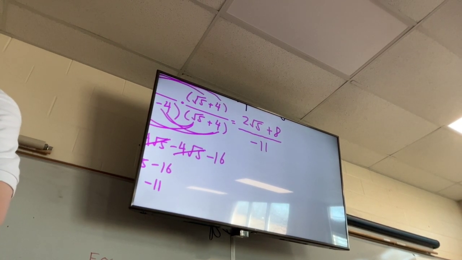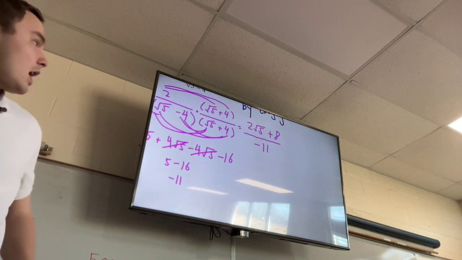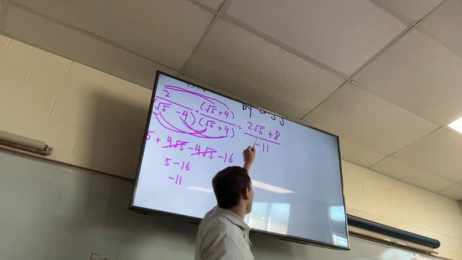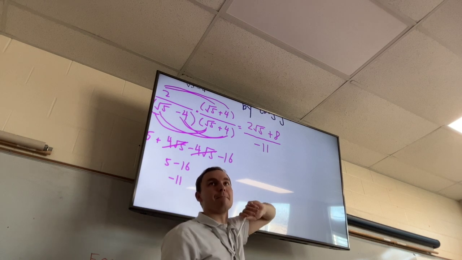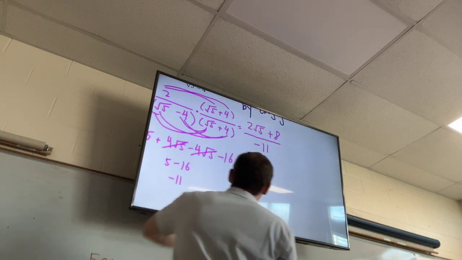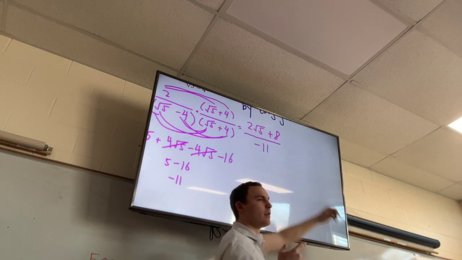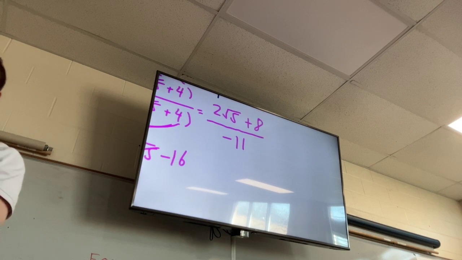Negative 11, okay? That's simplified. Can we pull anything out of my square roots? No. I will say, you need to make sure these three numbers don't have any common factors. That's kind of annoying, right? So I think the easiest way to simplify these in general is to split up your numerator.